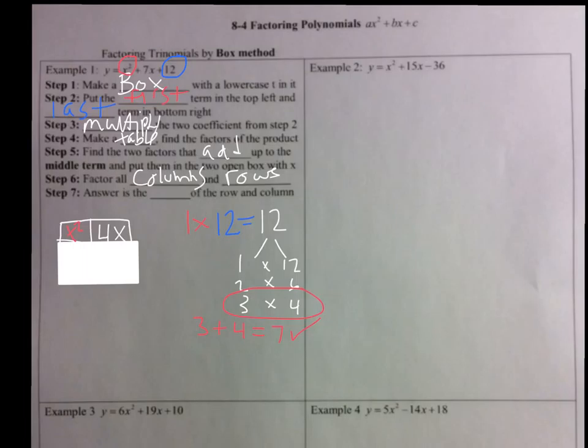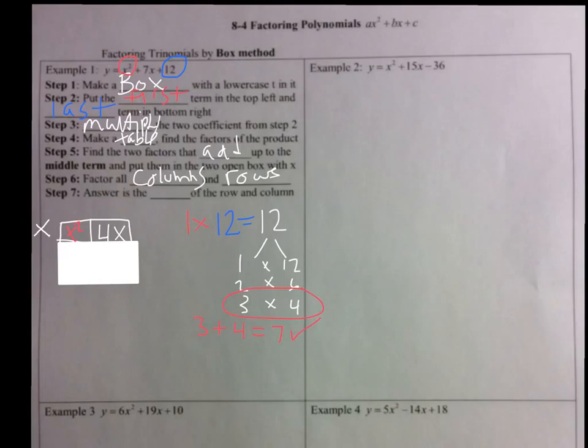So let's say we factor x squared and 4x. And this is where the greatest common factor that we learned a few lessons ago comes in handy. So if you look at x squared and 4x and think to yourself, what do they both have in common? In this case, they both have an x. So I'm going to factor an x outside of the box.